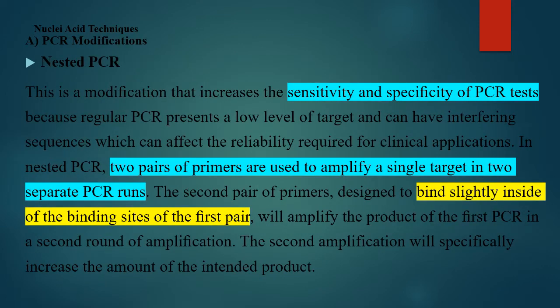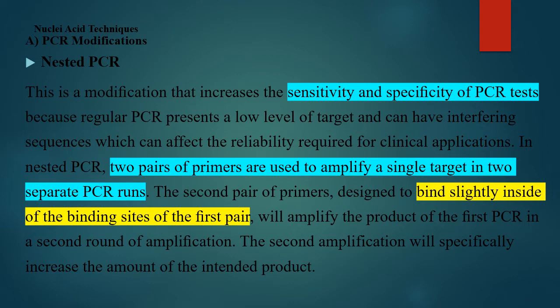Then we have the nested PCR. It's a modification that increases the sensitivity, and the specificity of the PCR test. Because regular PCR presents a low level of target and can have interfering sequences which can affect the reliability required for clinical application. So in regular PCR, you produce a longer target region, but in the nested, you zoom into a particular portion of what you have produced originally in a regular PCR.